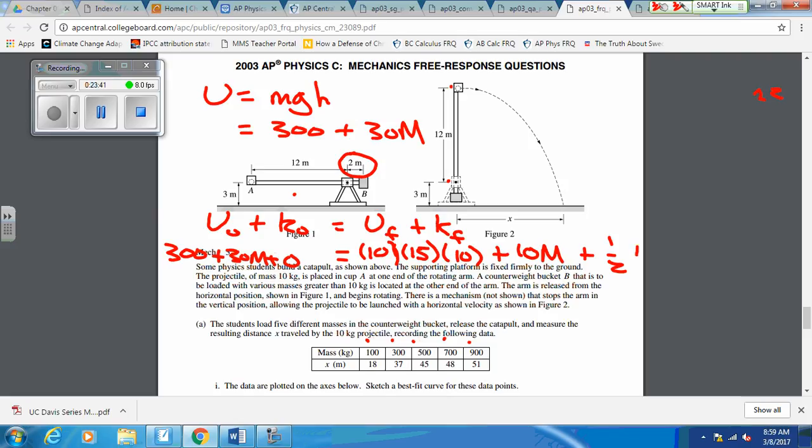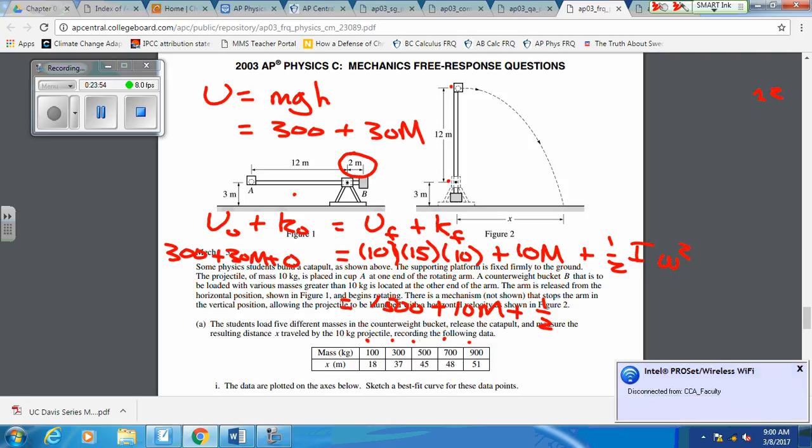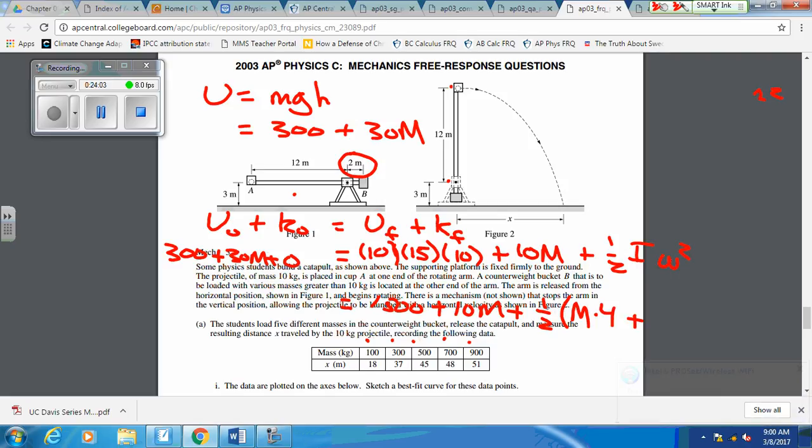1/2 I omega squared. First of all, the I. Do some cleanup here. I equals capital M times 2 squared plus 10 times 12, 40.